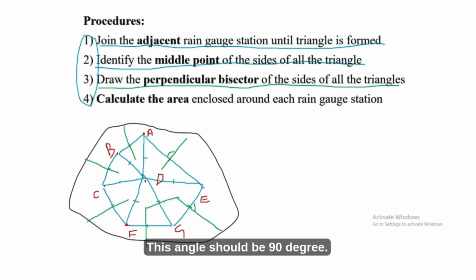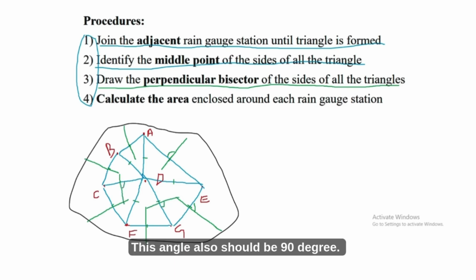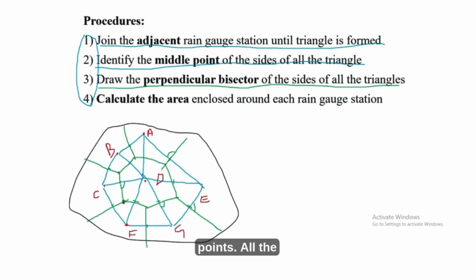This angle should be 90 degrees. This angle also should be 90 degrees. Remember here, the intersection points of the three bisectors, that means these points, these points, these points, all the intersection points should be within its triangle.